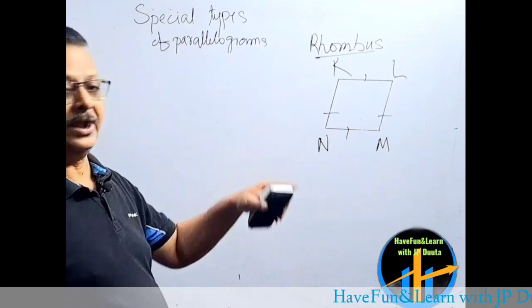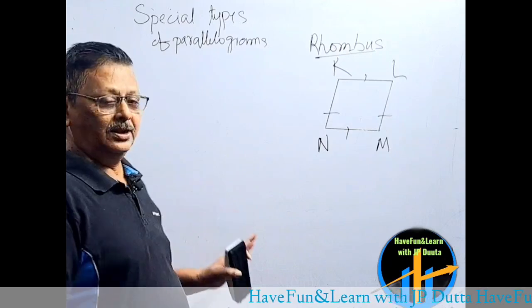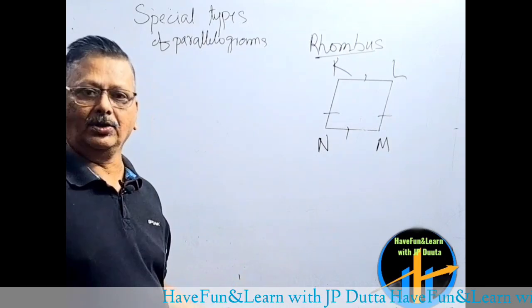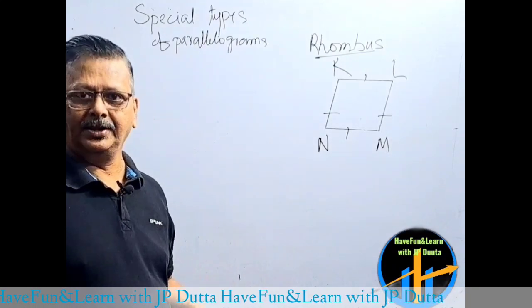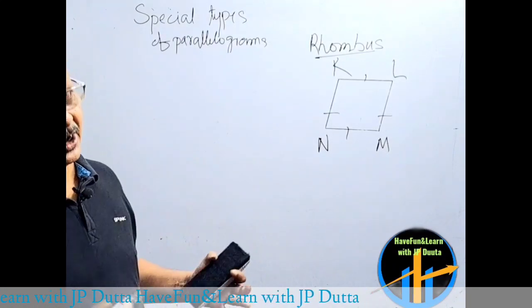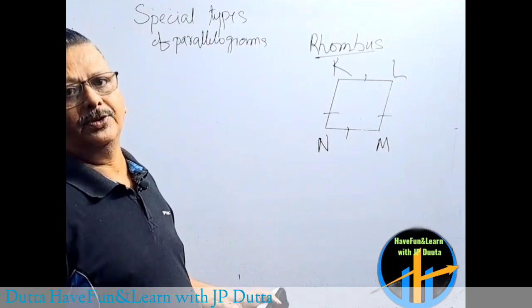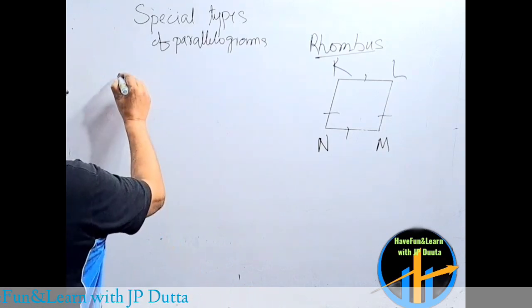That is, all sides are equal, the diagonals are unequal as in parallelograms, but they bisect each other at 90 degree. And the interior angles, as in parallelograms, are not equal to 90 degree.